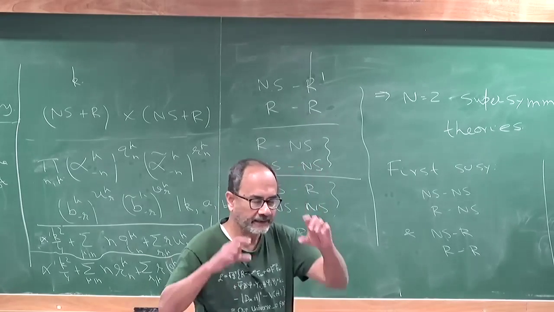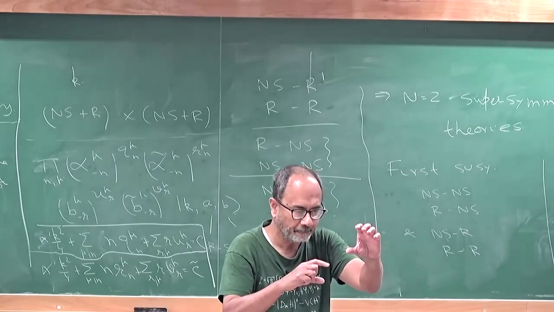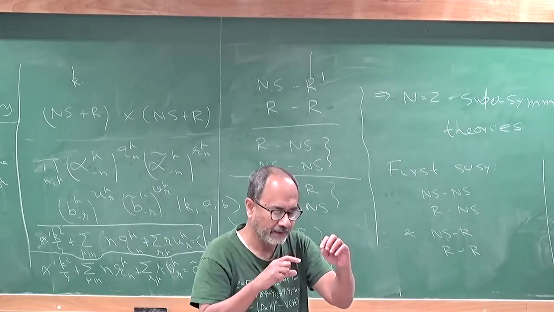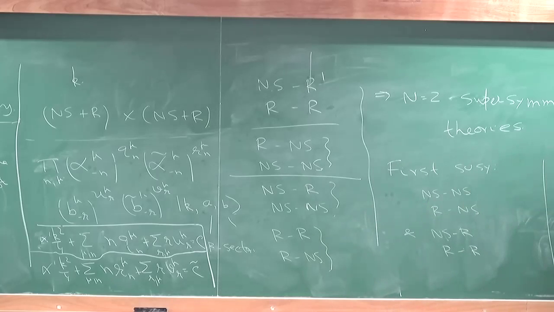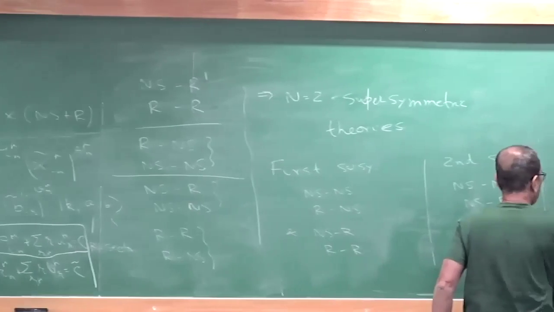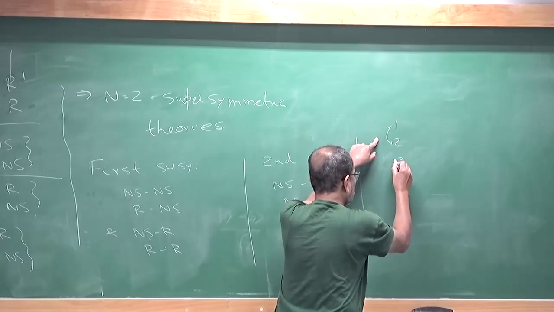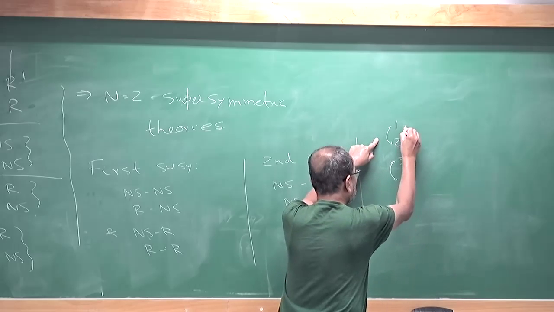If you take 1, 2, 3, 4, the four classes, the first supersymmetry relates them like this, and the second supersymmetry relates them like this.